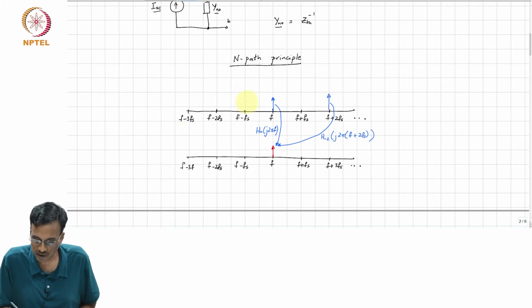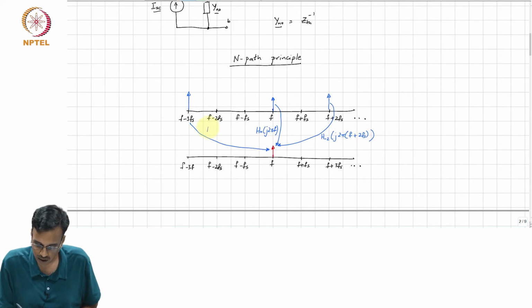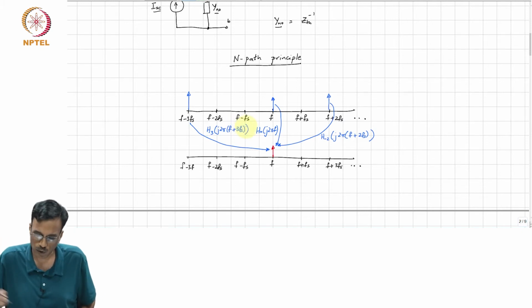Or it could be, for instance, a tone at f minus 3fs, and a portion of that frequency could come here with a gain of h plus 3 of j2 pi (f plus 3fs), and so on and so forth.